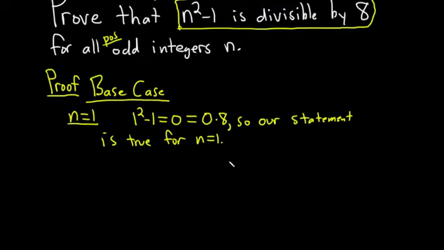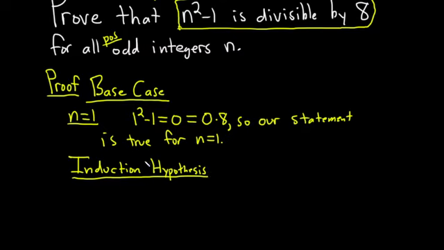The next step is called the induction hypothesis. In this step, we assume that our statement is true for some positive odd integer k.